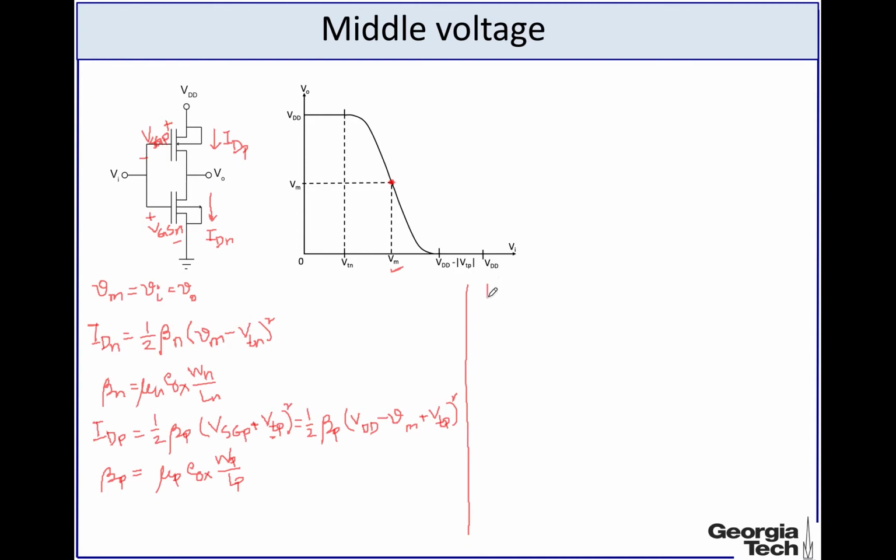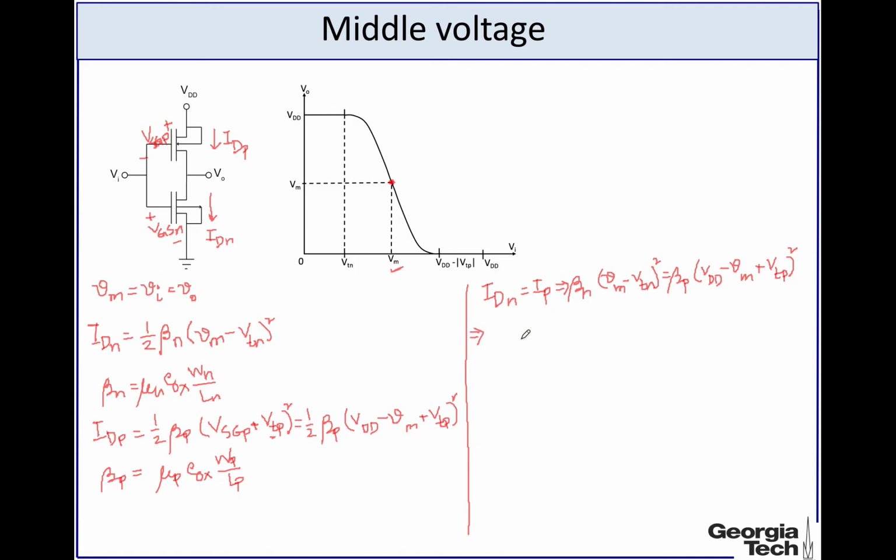As we have said, in all cases IDN equals IDP, which means that beta N times VM minus VTN squared equals beta P multiplied with VDD minus VM plus VTP squared.